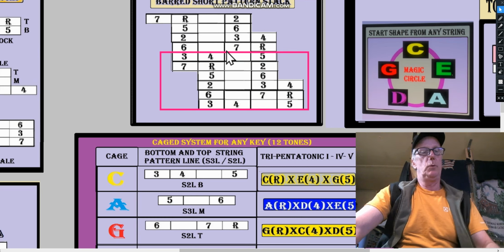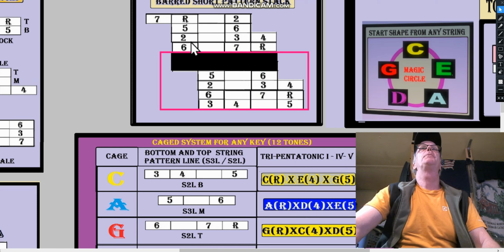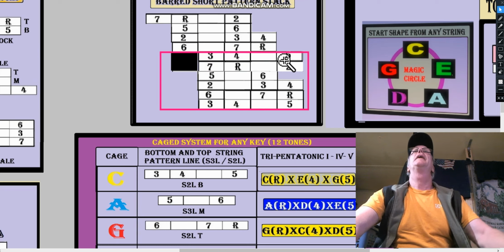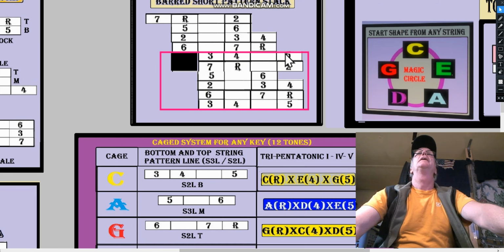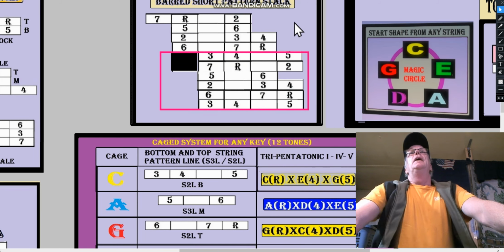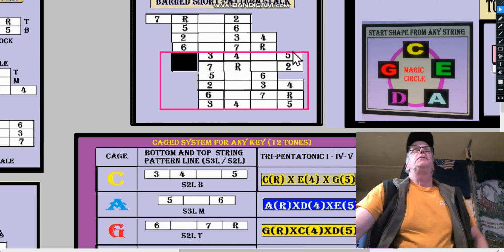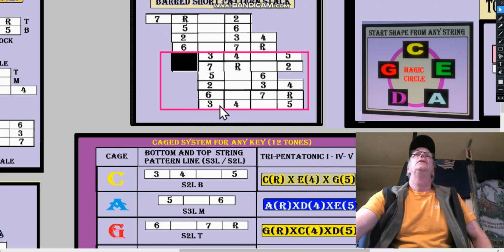The top 2 strings warp over together, more or less in line. All right, that's where they're at. That's the 5. So we're going to play that. Now, if we do play that, we're going to be following this magic circle backwards.